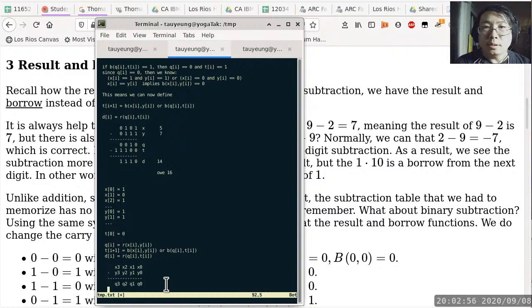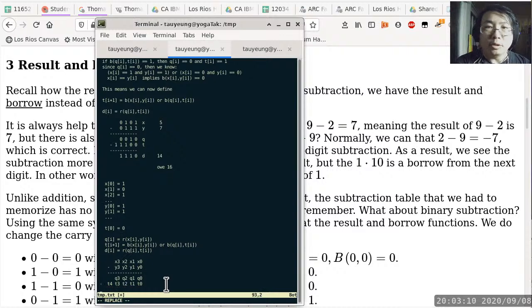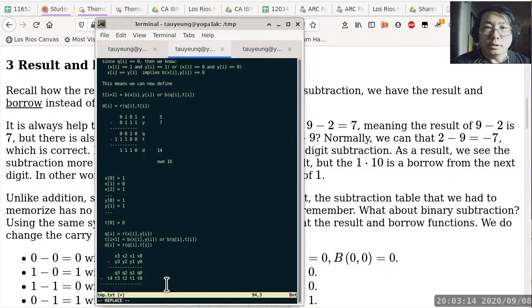So with the t's, we have an overall t. We have t4, t3, t2, t1, t0, which is assumed to be 0. And then the last row are the difference bits. So we have d3, d2, d1, and d0.